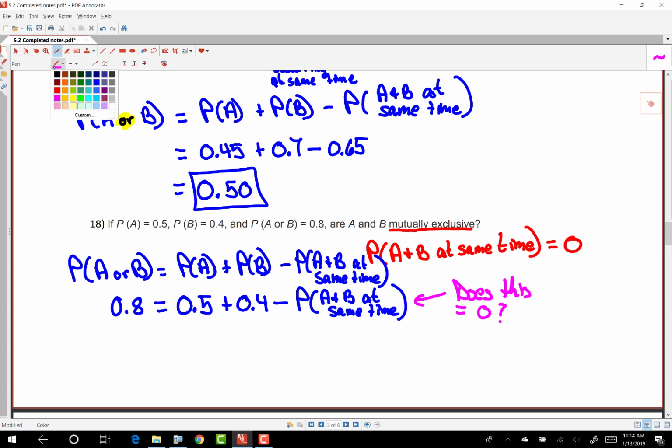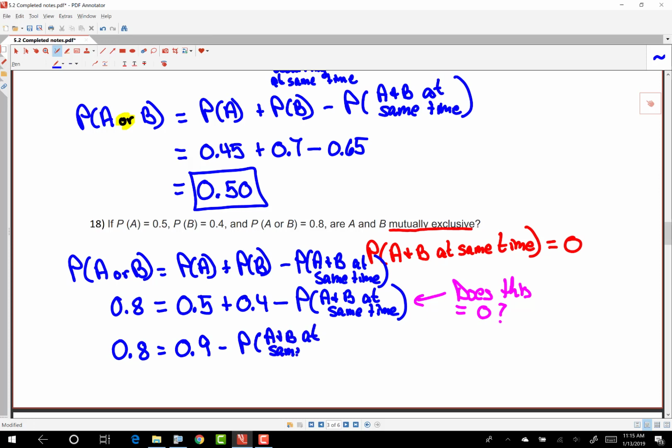Well, we don't even have to finish solving for it. You'll see here that we have 0.8 equals 0.9 minus the probability of A and B at the same time. If this were 0, then these two numbers right here and right here would be the same, and they're not.